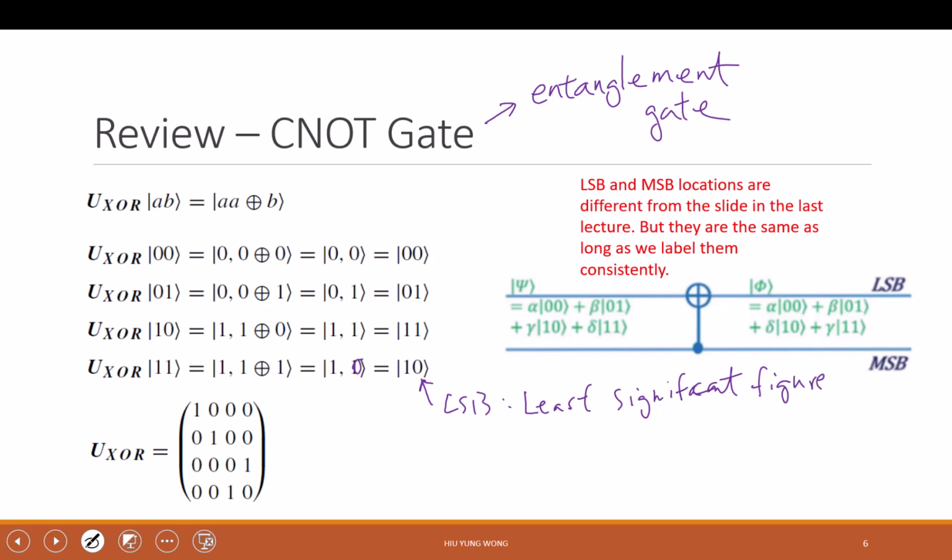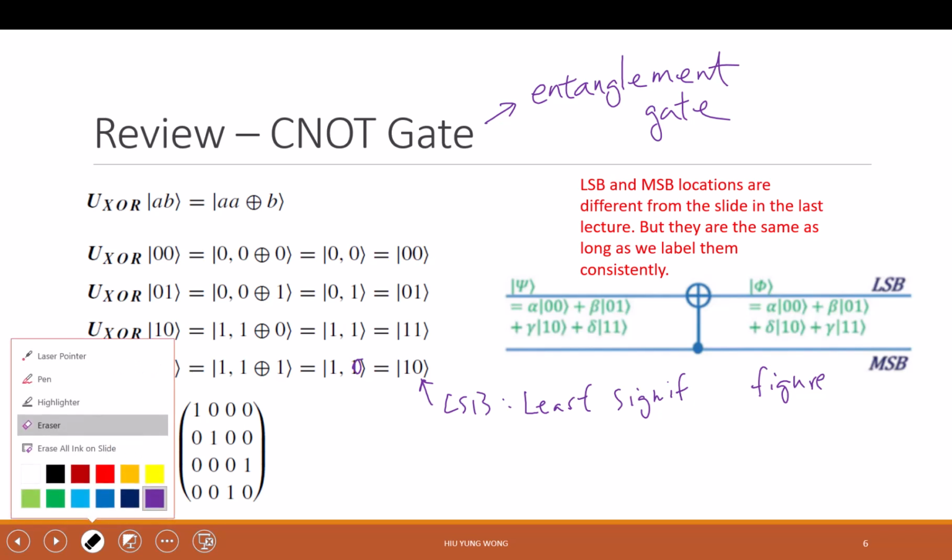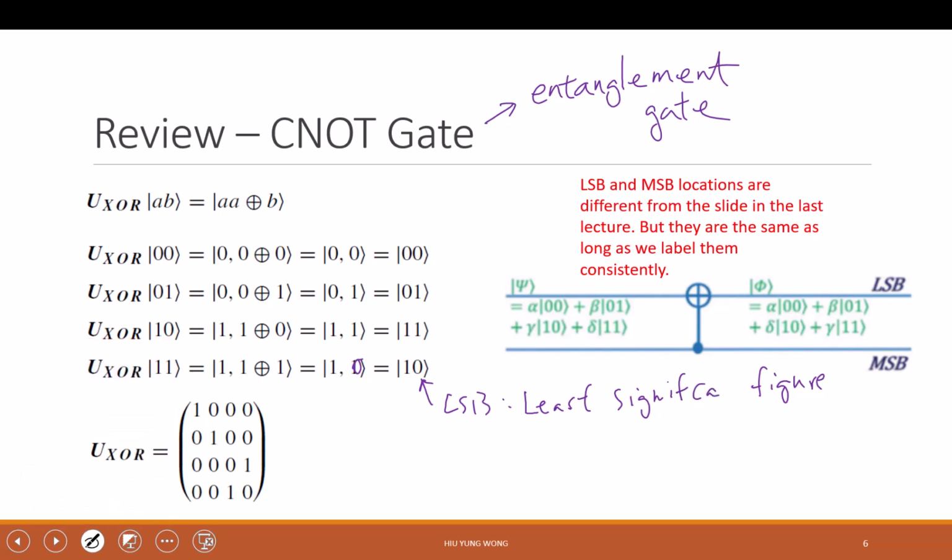I think you probably understand what it means, right? It's just like 98. 8 is the least significant figure, right? Because it's times 1. 9 is times 10, right? 90 is 9 times 10. Those on the left are most significant. Those on the right are least significant. This is called little endian, right? How you store the number in a register. There's something called big endian. The one on the right is more significant.